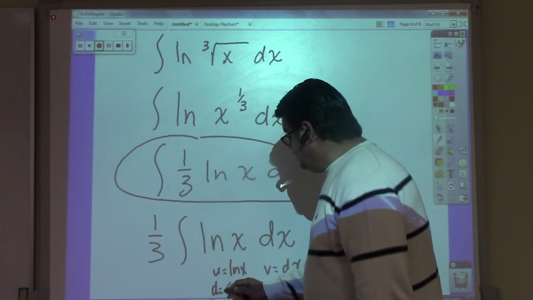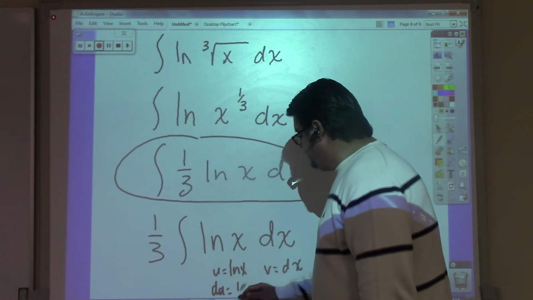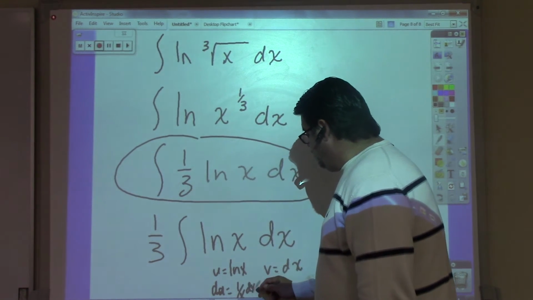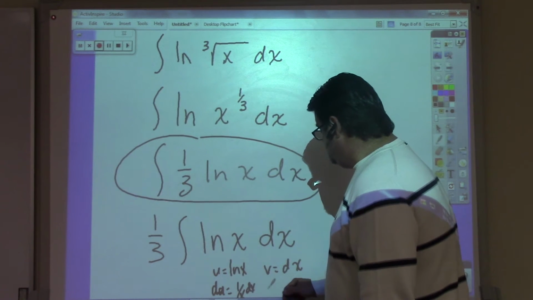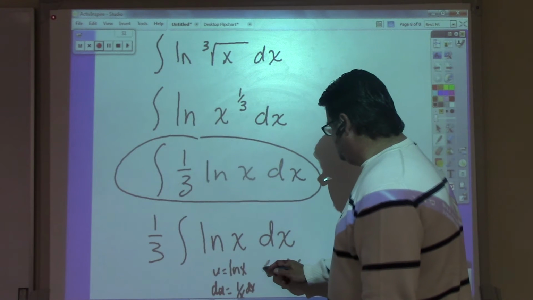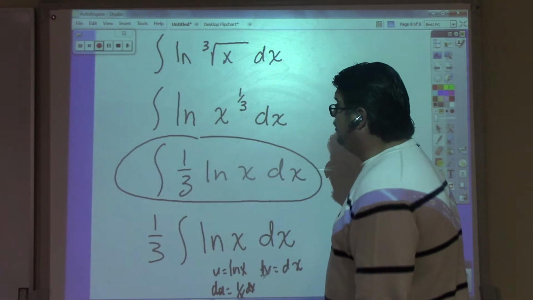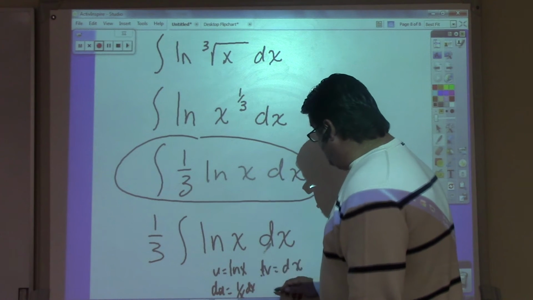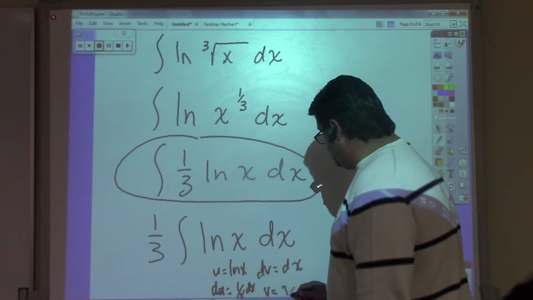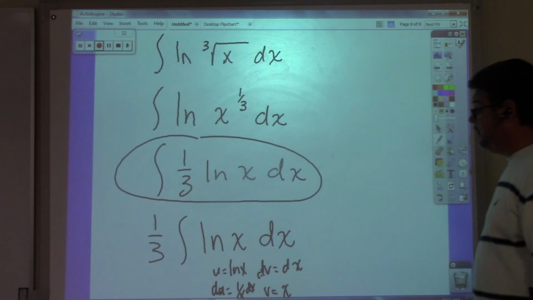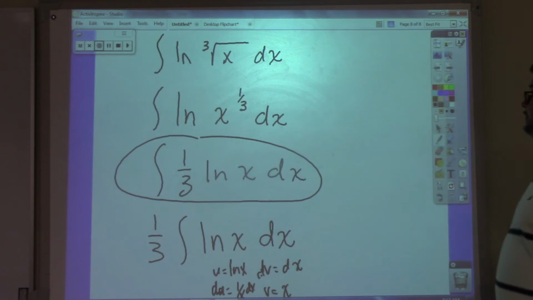Du is equal to 1 over x dx. And dv, or that's dv. I can't remember which one's which. Just dv. And v is equal to x. So now we do ultraviolet minus voodoo.